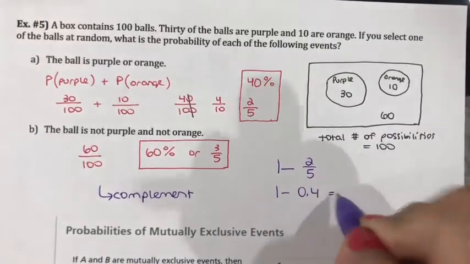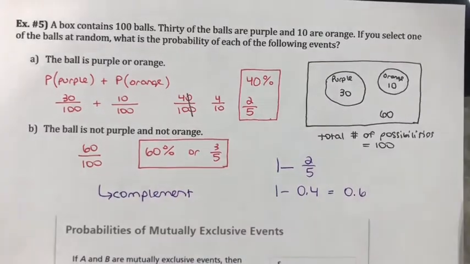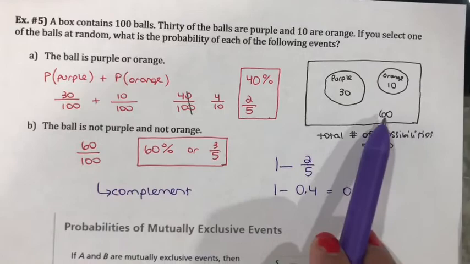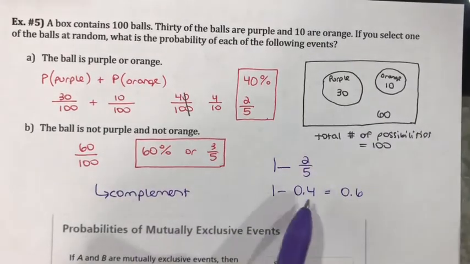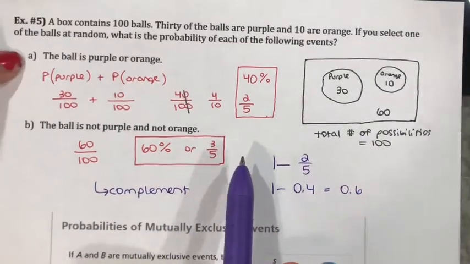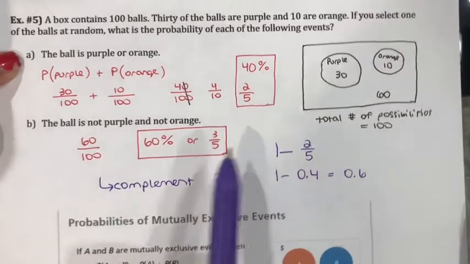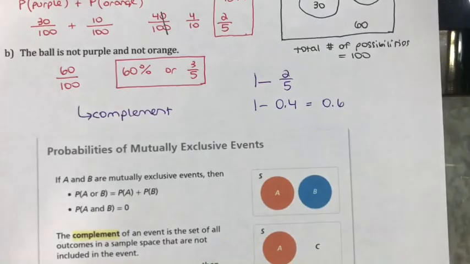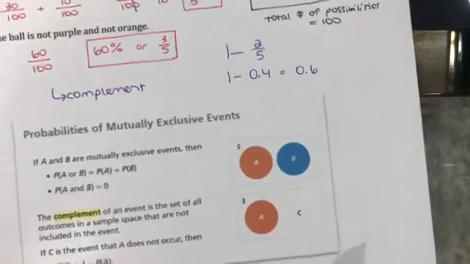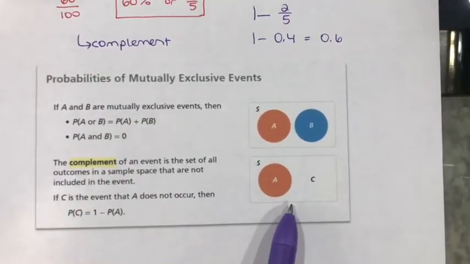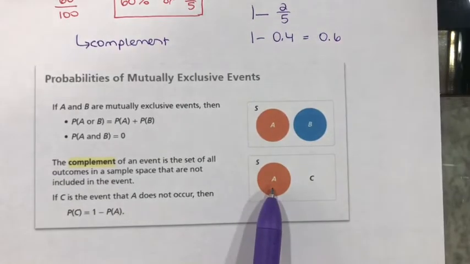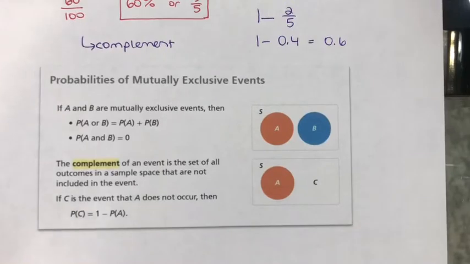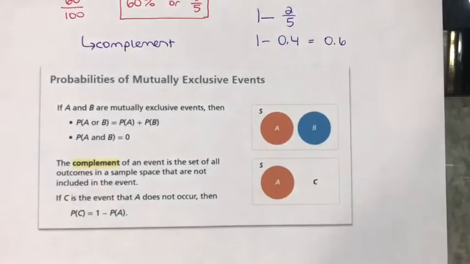And we end up with 0.6, okay? So we could look at the number of successes, or you can subtract the opposite basically from 1, okay? So let's say if I want the probability of the complement down here, so we want the probability of A not occurring, it would just be 1 minus the probability of A, okay?